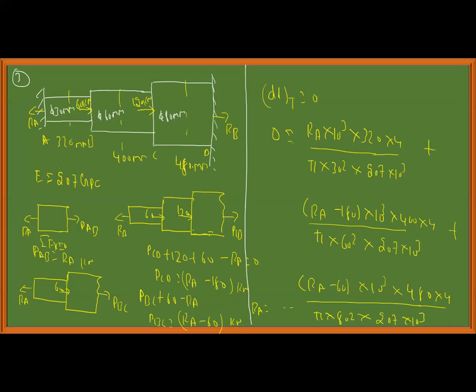Sorry, I made a mistake here. Okay, that's fine. RA into PBC is how much? PBC is RA minus 60, and PCD is RA minus 180. Small correction.